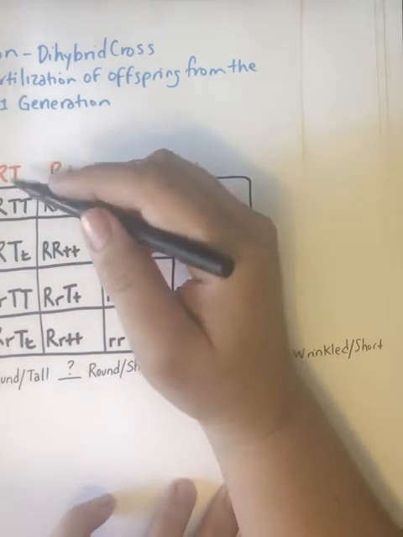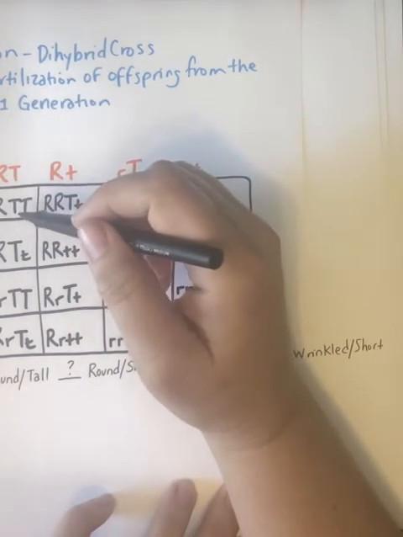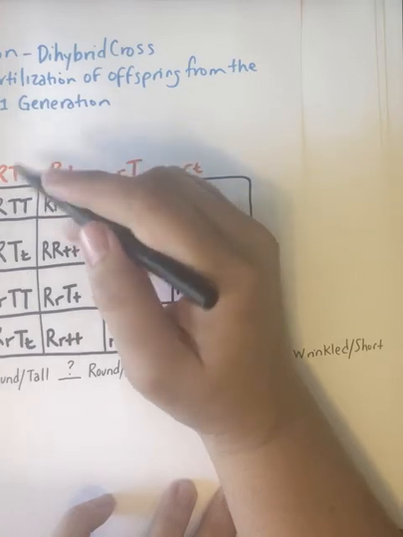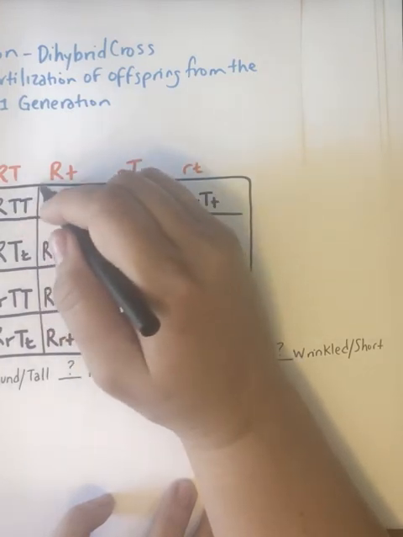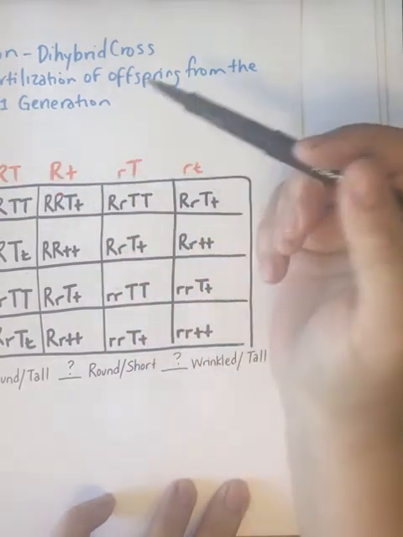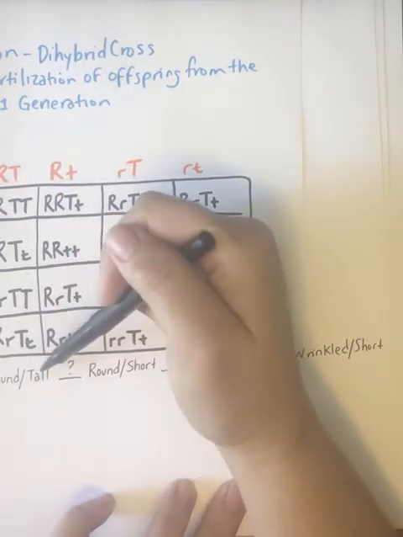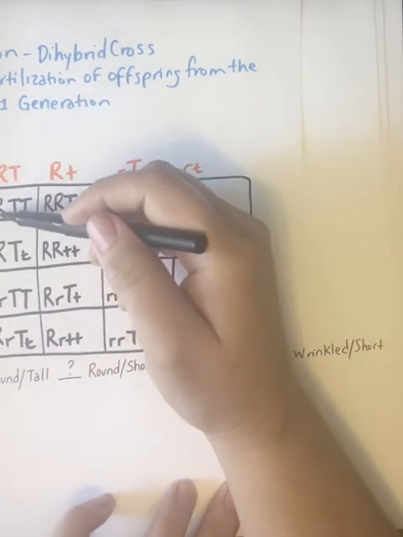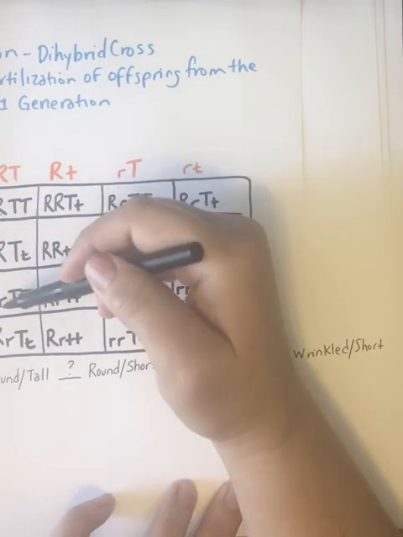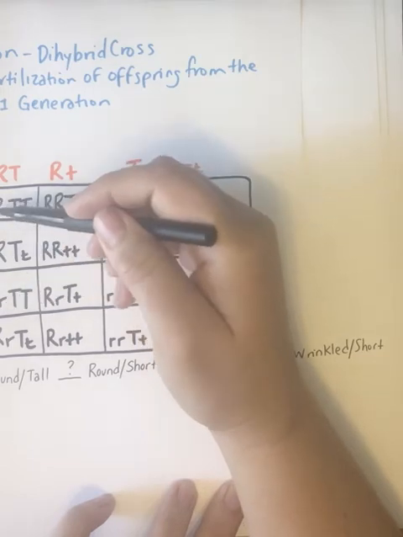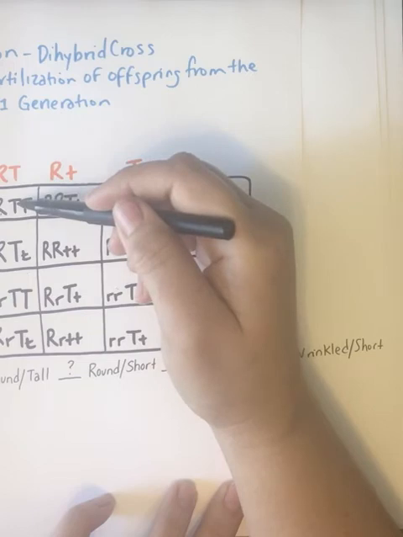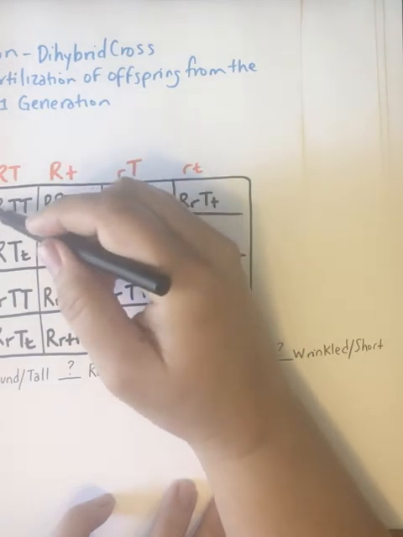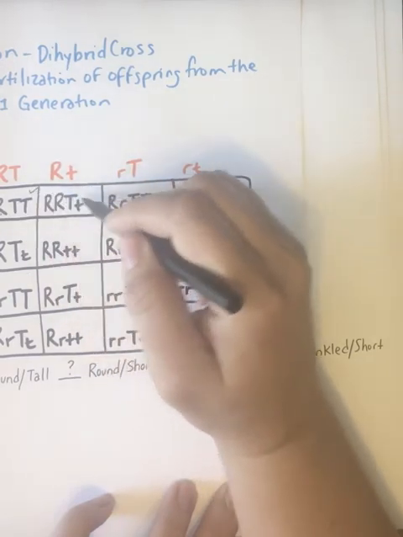Now, it may be easier to check these as you go. So you have to find something that's round and tall. It has to be homozygous dominant or heterozygous to be read. But it has to have a big R and a big T. So big R, big T, 1.